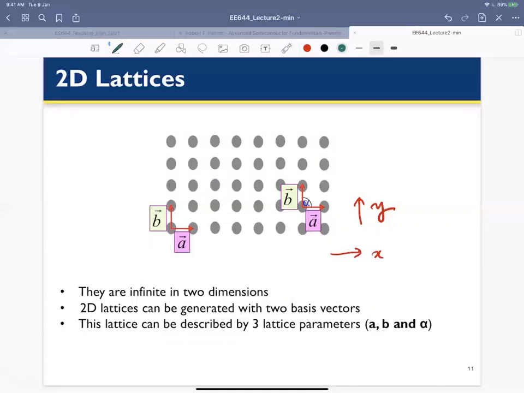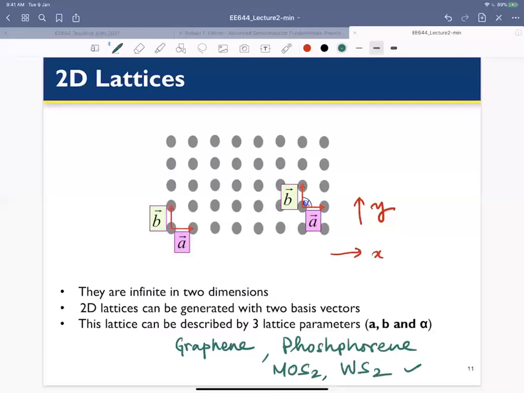We have phosphorene, molybdenum disulfide, or tungsten disulfide. People have already demonstrated transistors with these materials: molybdenum disulfide, tungsten disulfide, phosphorene, graphene. They are all 2D materials.